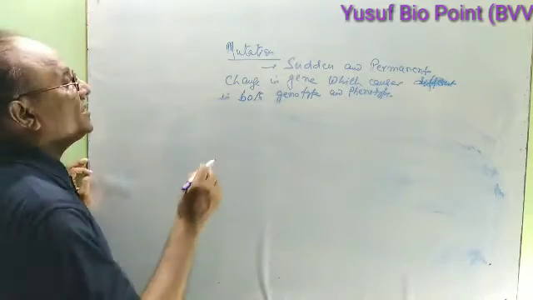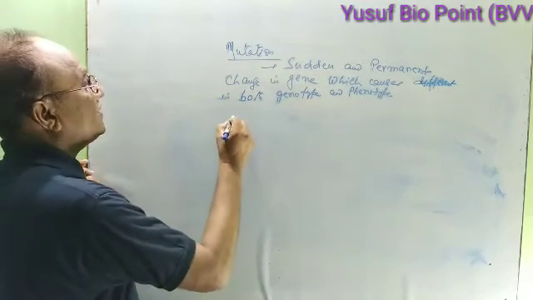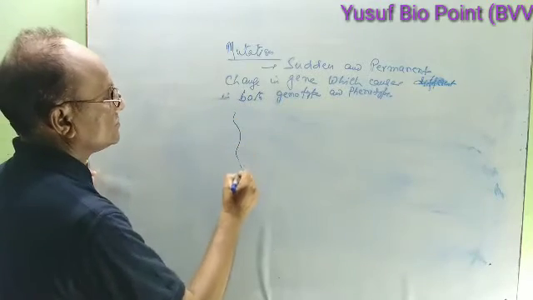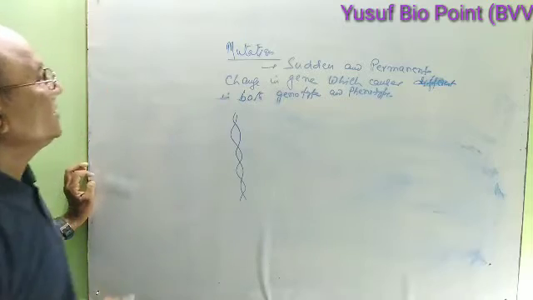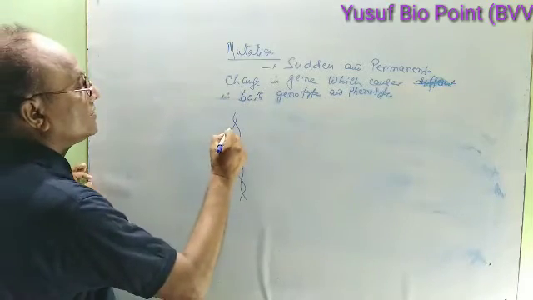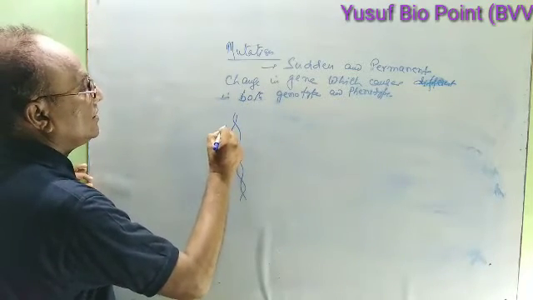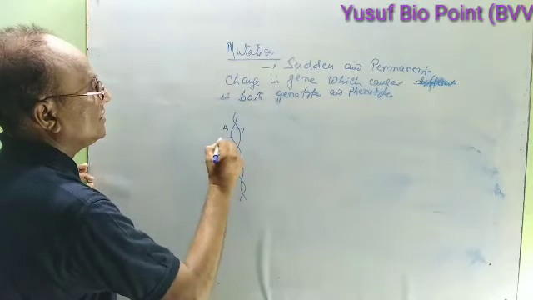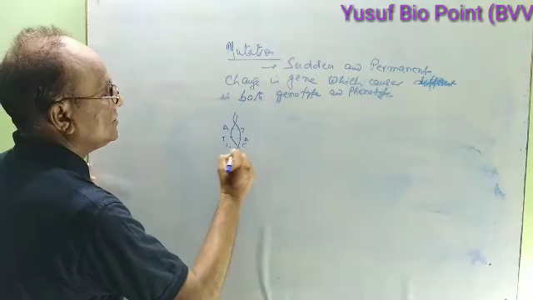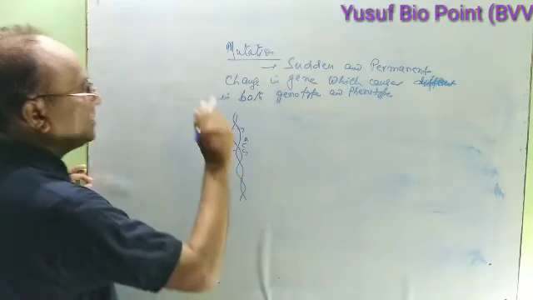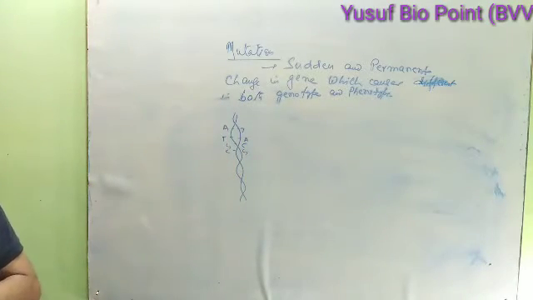And suppose there is gene mutation in the DNA, this is the DNA strand, okay. A, T, T, A, G, C, C, G. These are the bases we found.